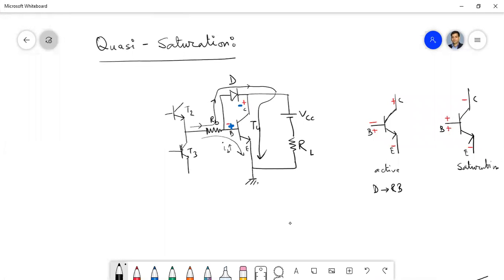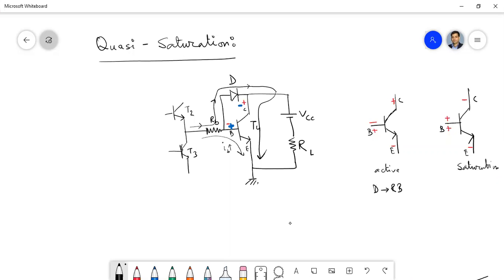Okay. So if the current is bypassed through this diode, then it has two paths basically. It has one path, that is another PN junction, the BE, but this diode will offer less resistance compared to this BE.